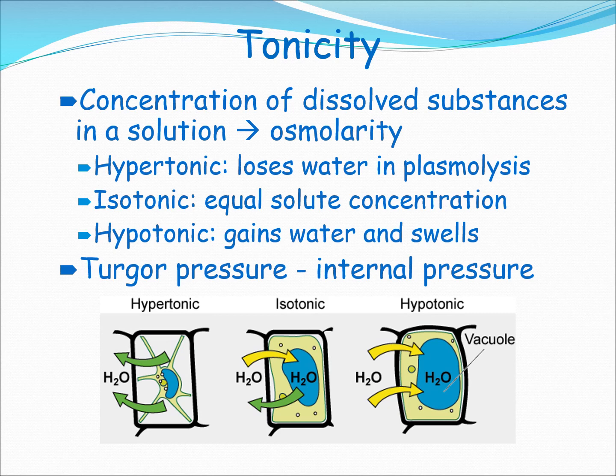This can cause swelling of the cell to the point it could burst. So hypotonic could cause a cell to explode. Any of these changes in tonicity changes the turgor pressure of the cell. Go back to slide 32 if you want to see that.